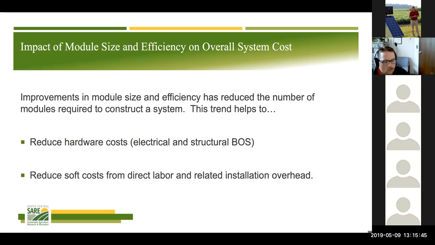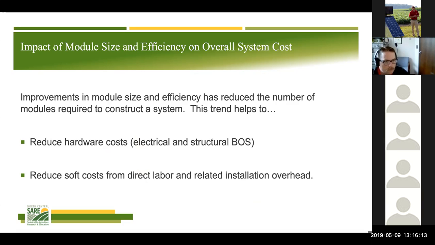So how does this impact the system cost? Thinking about moving forward, improvements in both the module size and the efficiency is going to reduce the overall number of panels or modules that you need to build a system. And so if you think about the impact of that, we're going to be reducing the amount of racking that we need, the amount of hardware, electrical components, and the amount of labor that it takes to wire or configure everything.